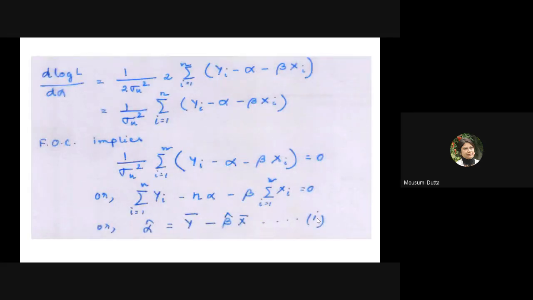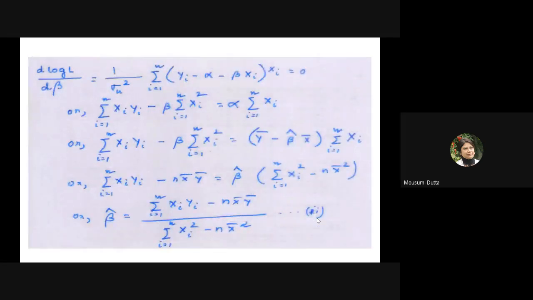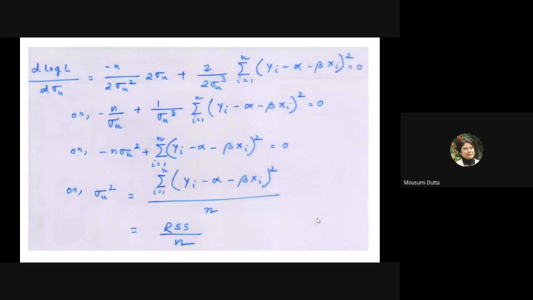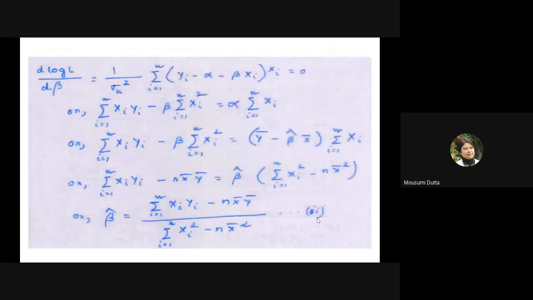So d log L by d alpha, take the derivative, set the first order condition, find the value. D log L by d beta, take the derivative, set it equal to 0, find beta hat. D log L by d sigma u square you can also do. Whatever you like, you will get the same result. So sigma u square also you need to find out.